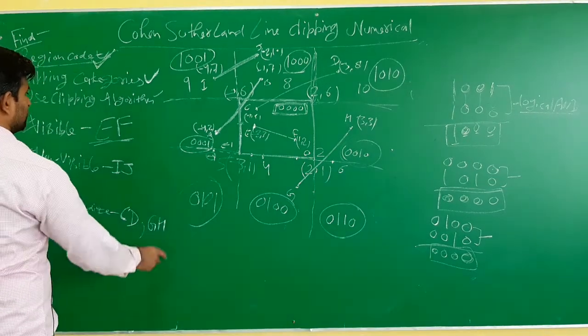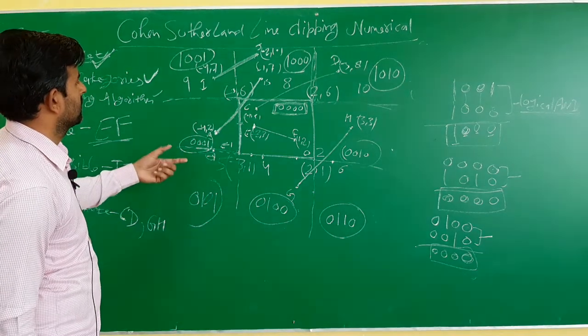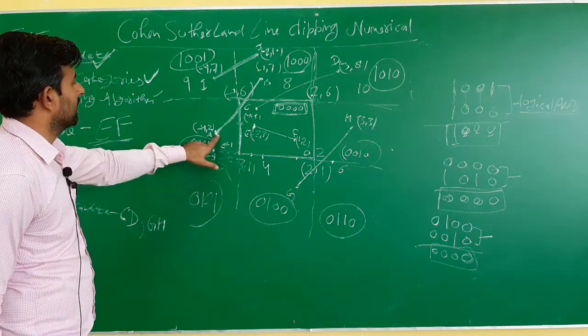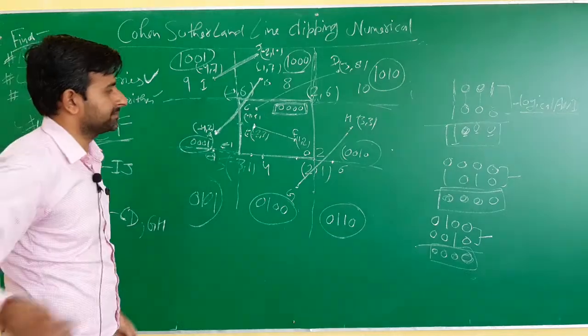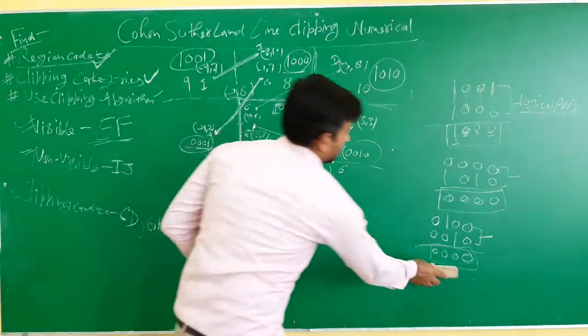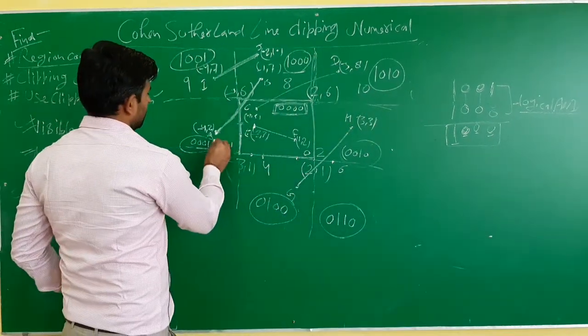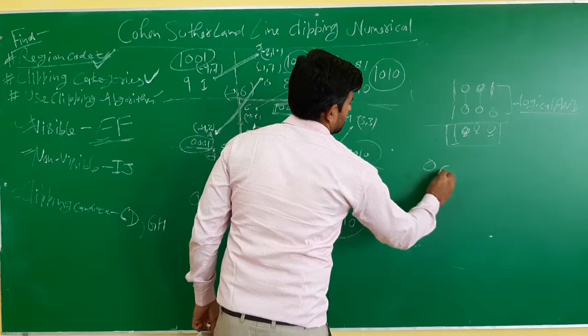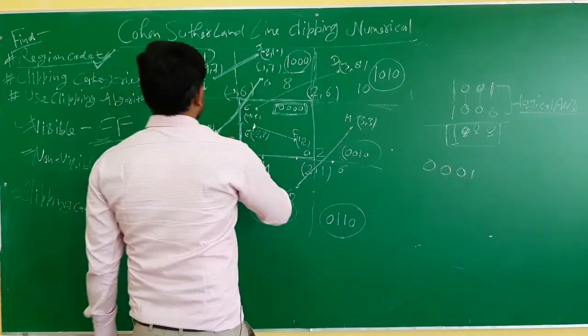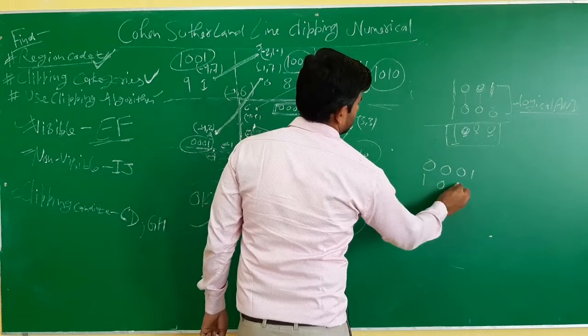GH. One more line is, yes, line A and B. The region code of A is 0 0 0 1 and the region code of B is 1 0 0 0.